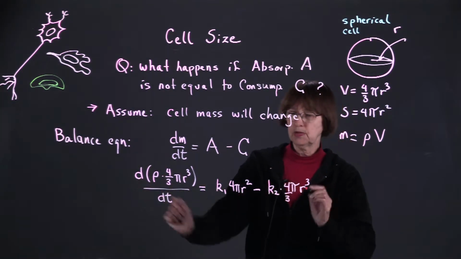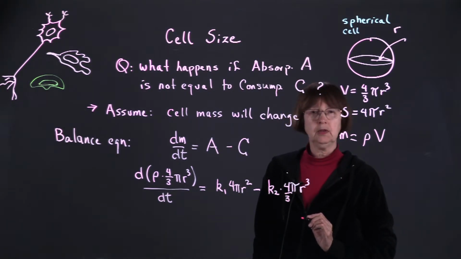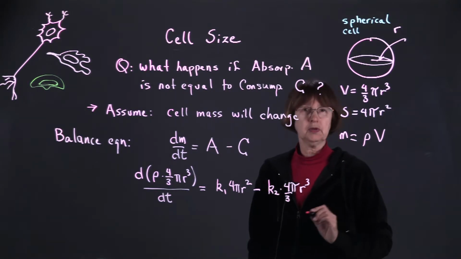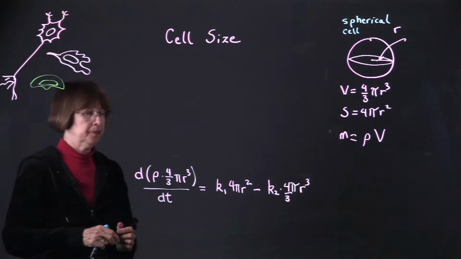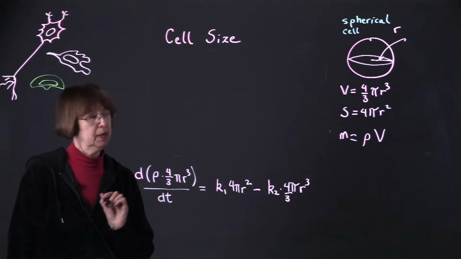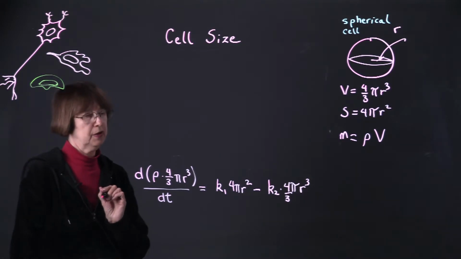Now, is there something we can say about the radius itself? Can we transform this equation, which at the moment looks a little bit daunting, into a simpler equation in terms of the radius? Well, certainly we can. We can simplify this equation that we've arrived at and reduce it to a differential equation in the variable r. Let's see how to do that.